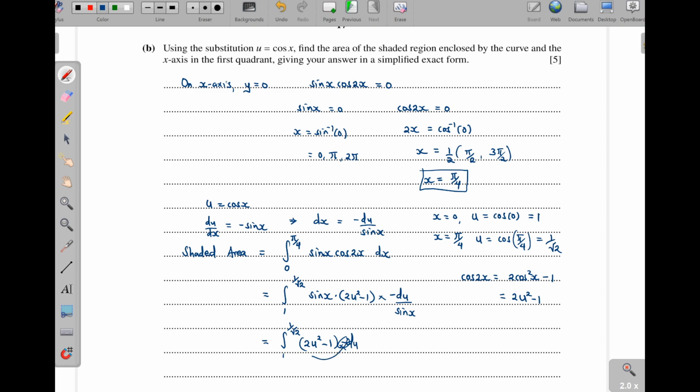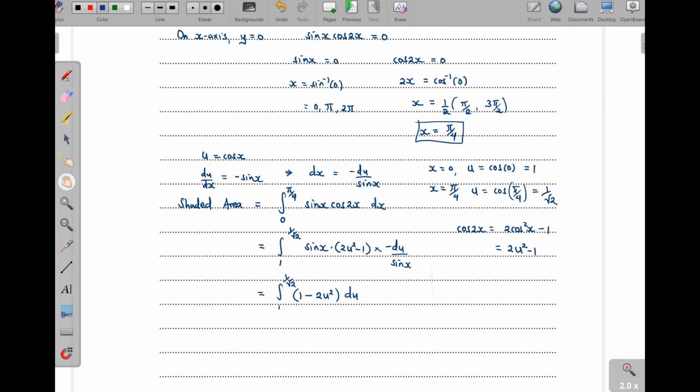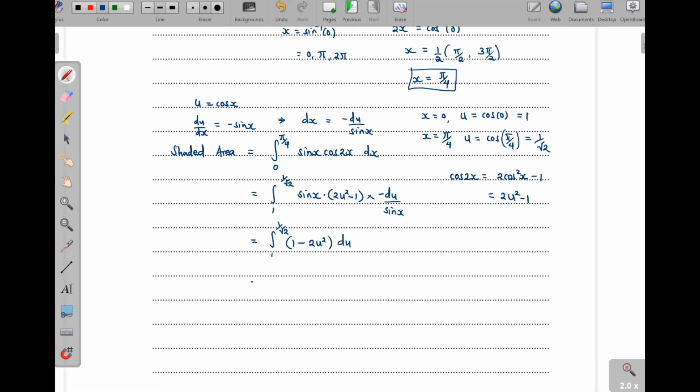Now, I can take this negative in here, okay? When I take it in here, what was positive becomes a negative, and what was negative becomes a positive. So we shall have 1 minus 2u squared, then du. Now we can integrate with respect to u.